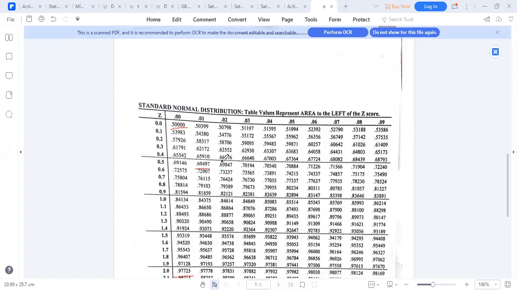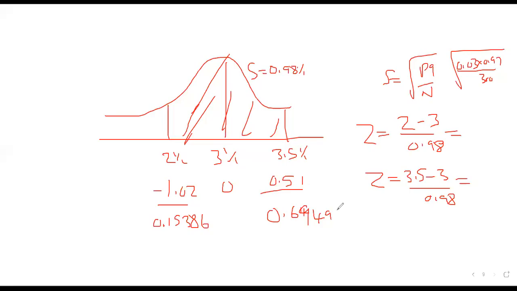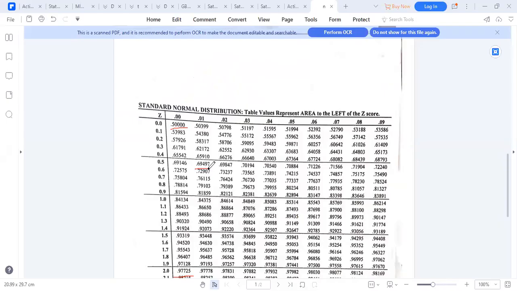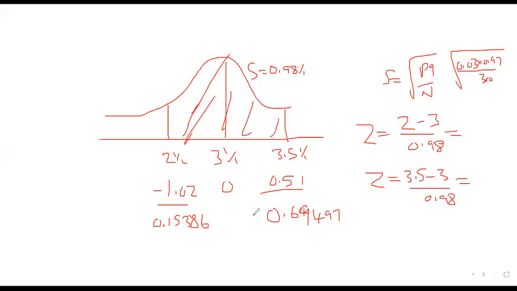Mr. Collins, isn't it 0.6985? Yes, 0.6985, yes. Then when you subtract them, what are you getting?